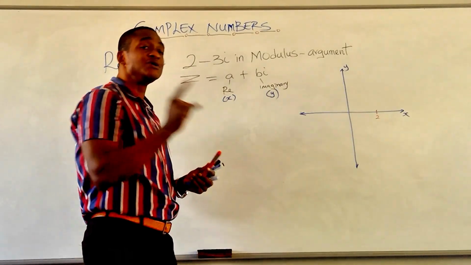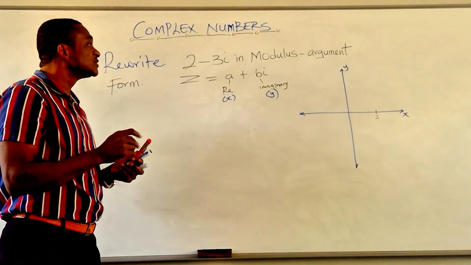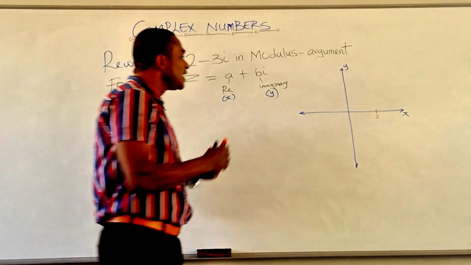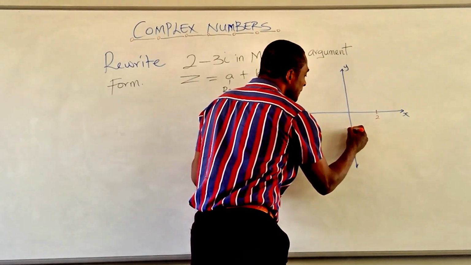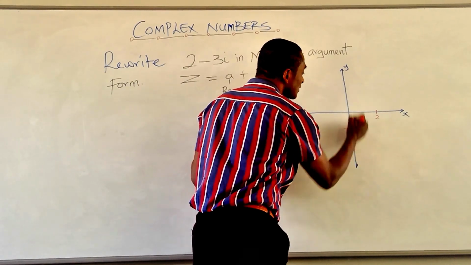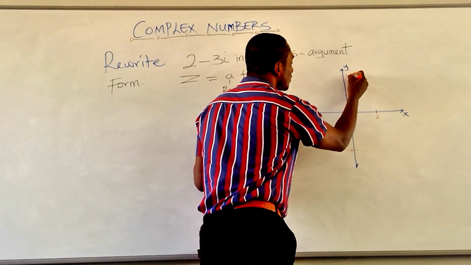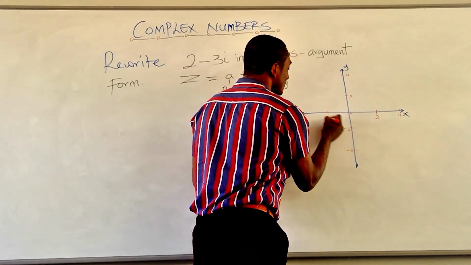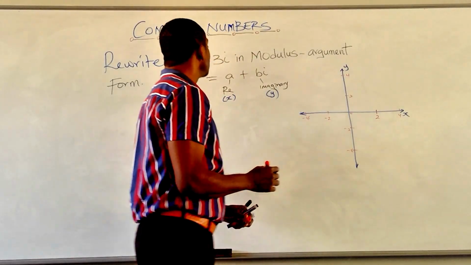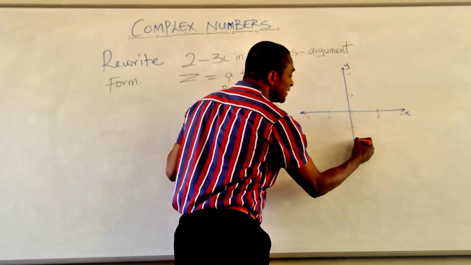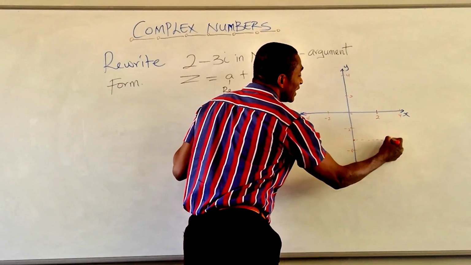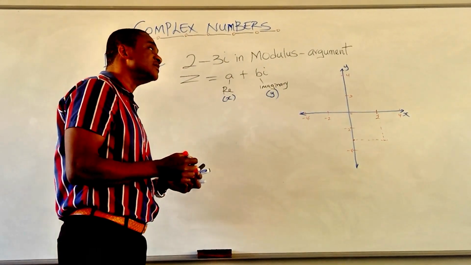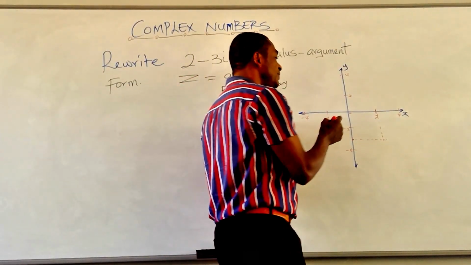Please make sure that we are using the right value, because the sketch must be in the right quadrant as well. So if we have this at 2, then it means that our -3 will be somewhere here. So this will be our -3. Please, when you are building, make sure that you build from x.